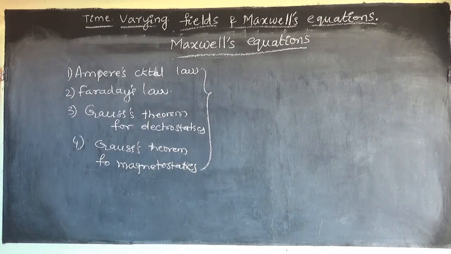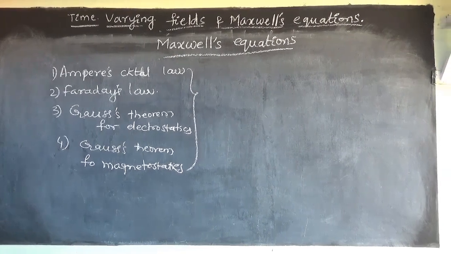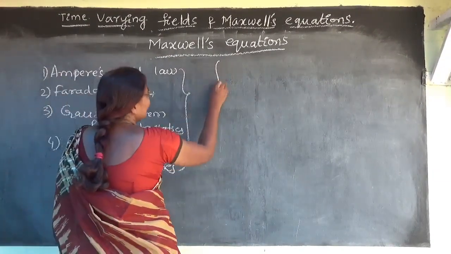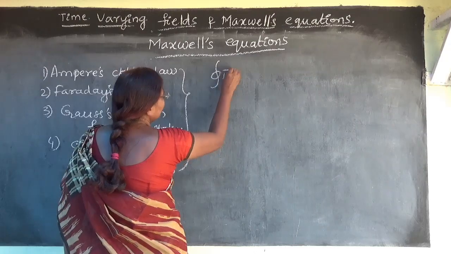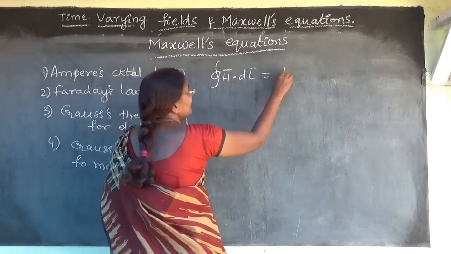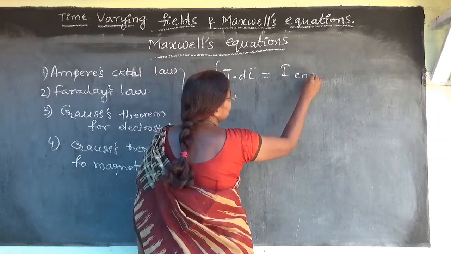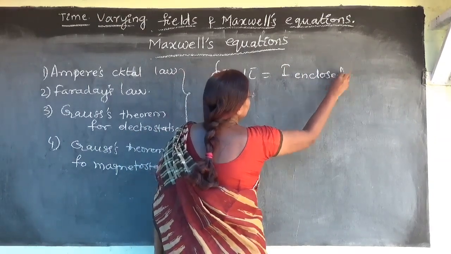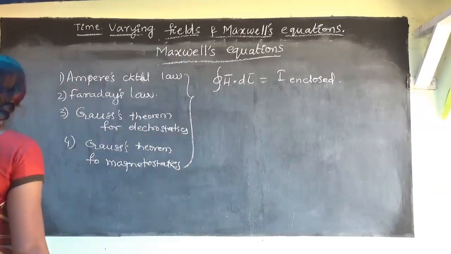What is Ampere's circuital law? It says the integral of h bar dot dl bar is equal to I enclosed. This is Ampere's circuital law.